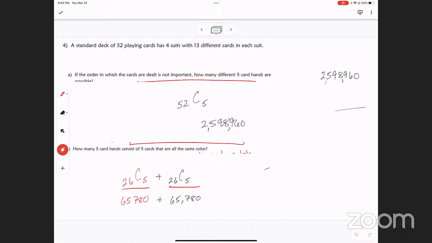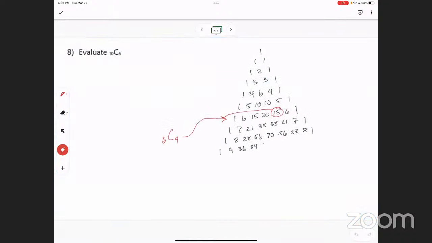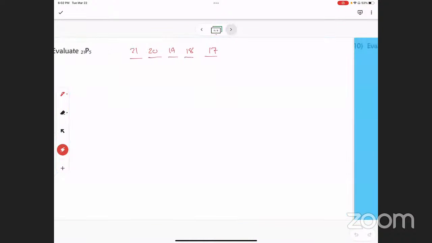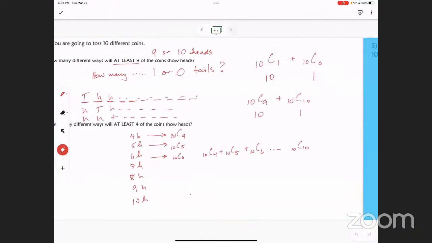These are mutually exclusive. Maybe they do use that term. Picking a set of 5 red cards is mutually exclusive from picking a set of 5 black cards. Those are 2 separate events, not one after the other. Does that make sense? I don't know if that's the right way to say it, but if you read it, they'll use some more concise, clearer verbiage. Yeah, I think that makes sense.